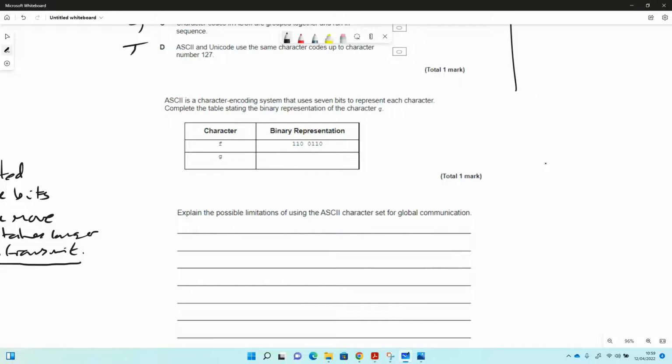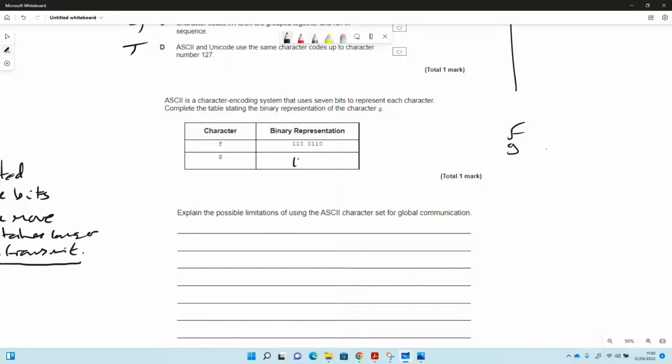Okay, so we've got another one here. ASCII is a character coding system that uses 7 bits to represent each character. Complete the table stating the representation of the character G. Well, we've got character F, so F and G follow on. So G is going to be one more.